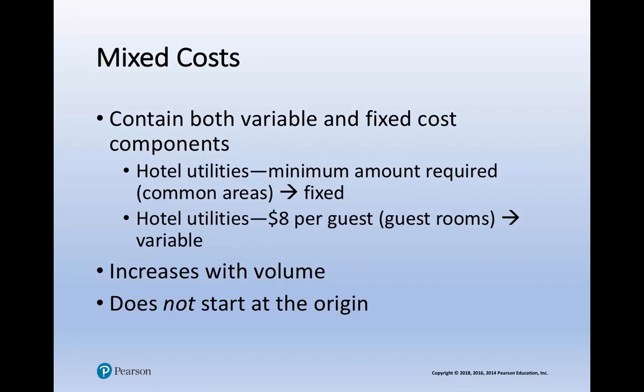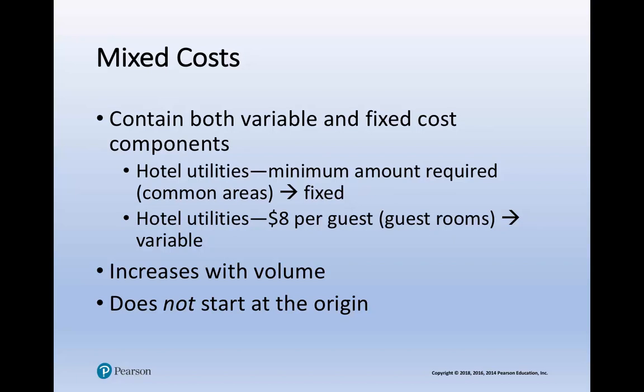A mixed cost is basically a cost that has a variable and a fixed component. Here they're talking about the hotel utilities, where they have a fixed portion, basically the cost of having the common area lit and heated, etc. But then as we have more guests, we have additional costs, because a guest staying in a room is generally going to want to use the water to take showers, and the heat to stay warm or the air conditioning to stay cool.